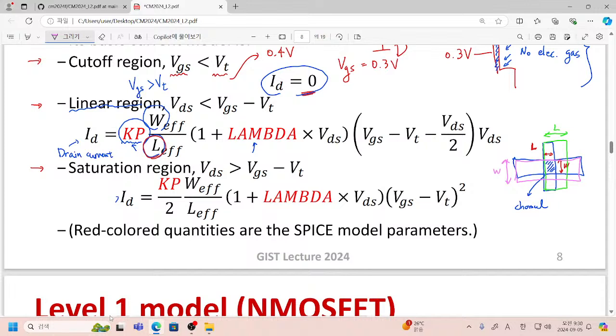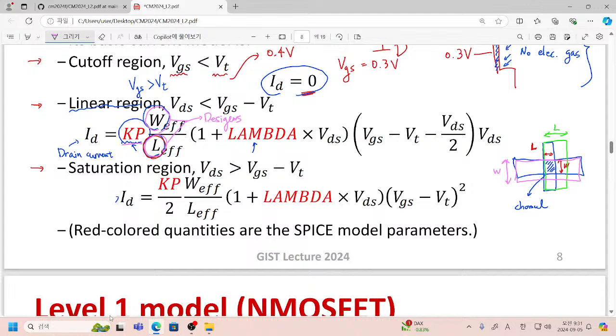So this red colored one is provided from the fabrication process, and this width and length are provided from our designers. So now we know every quantity we need to implement this device or this expression.